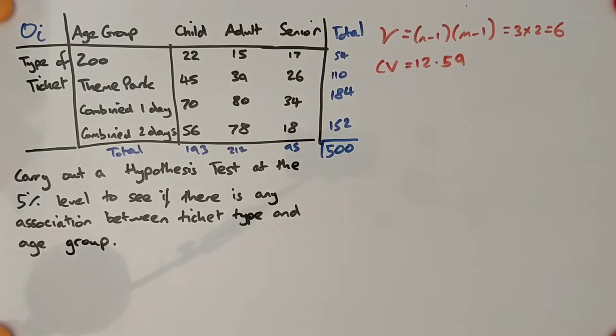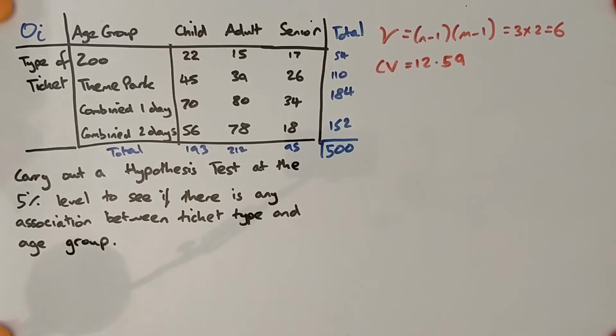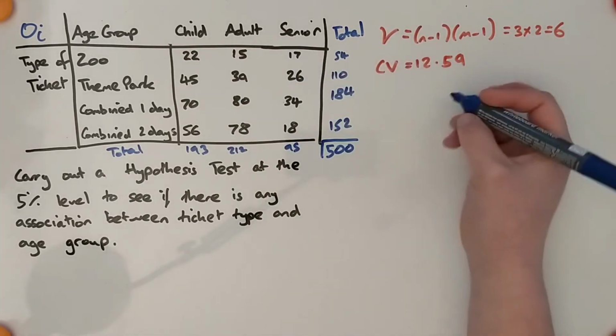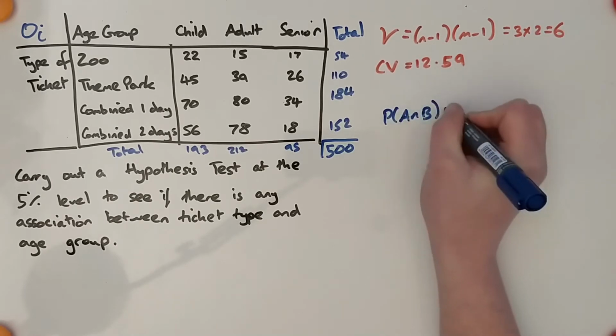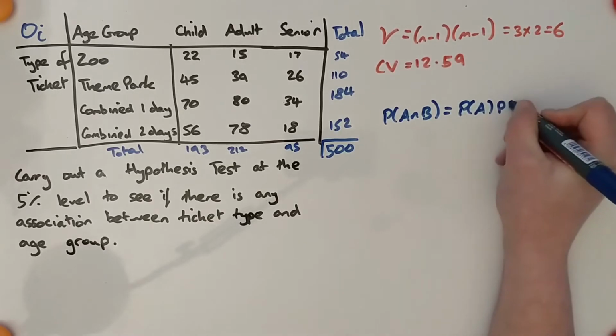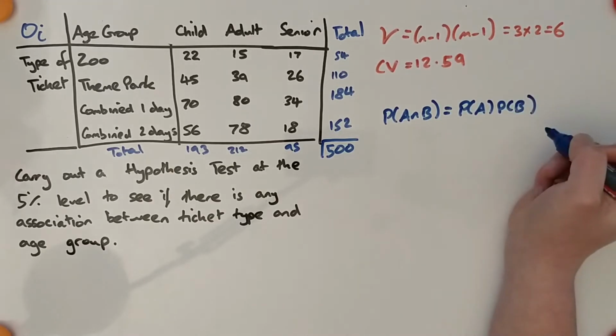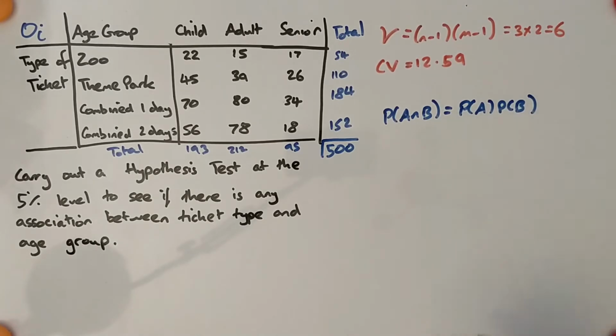Our expected values are, if these two variables are independent, what should we expect there to be in each cell. If they are independent, then I can use the formula of independence from probability: probability of A times probability of B is probability of A and B, if they're independent.